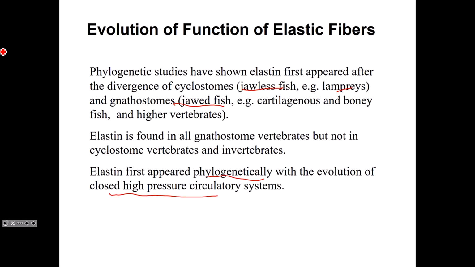So these more primitive jawless vertebrates don't have a particularly high pressure circulatory system, but elastic fibers are in these more evolved vertebrates, which have higher blood pressure, and because the blood vessels are expanding, contracting, expanding, contracting, you need some elasticity, and that's where you see a lot of elastic fibers in blood vessels. So actually, it's only 400 million years ago they evolved, which is pretty recent when you think about how far back we go and when things have evolved.